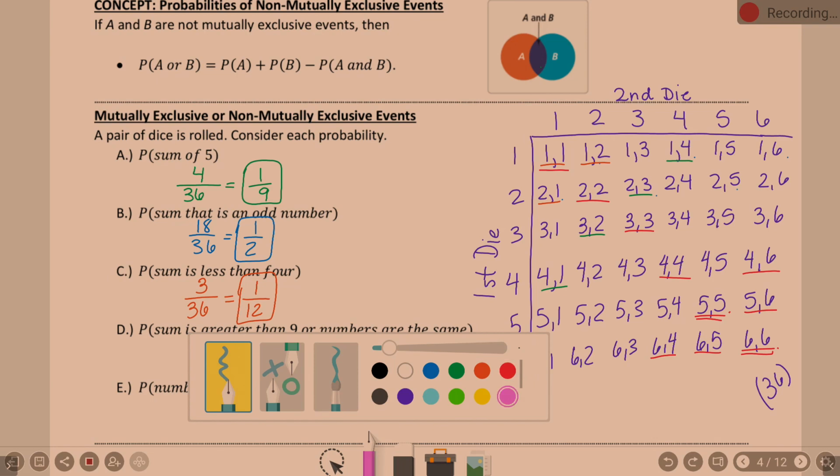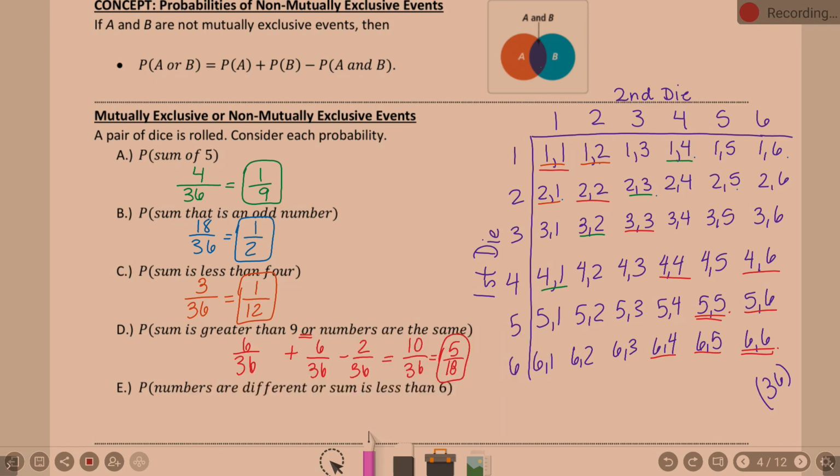Okay. And E. Probability the numbers are different, or the sum is less than 6. That's going to be interesting. Numbers are different.